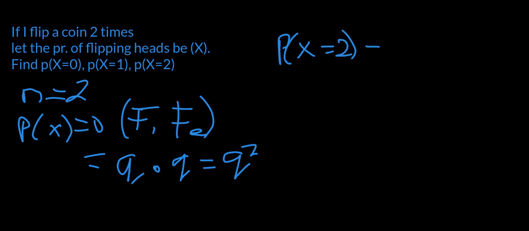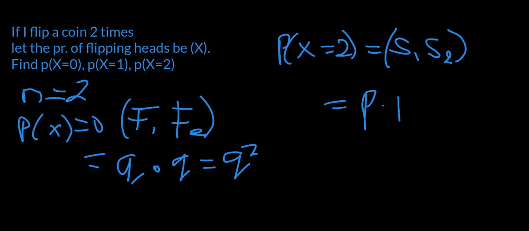We know that for us to get two heads, we should succeed on the first try and succeed on the second try. There are no other possibilities here. Success is denoted as p, and success on the second try is denoted as p. So we have p square.